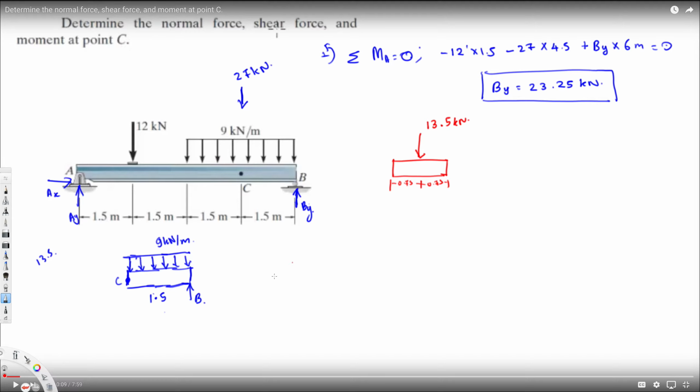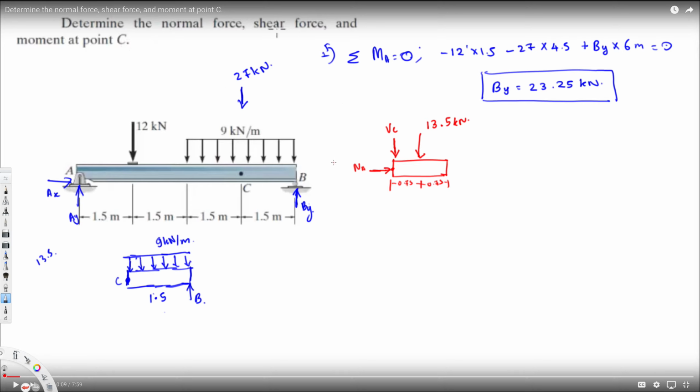These are the distances, and we have C. The question is asking to find the normal force, shear force, and the moment at point C. Let's say normal force is NA acting on this side, and I can take shear force in whatever direction I want. You can assume the direction, and if you get negative, it means your assumption is wrong and the direction is opposite. That's all we have to know: normal force, shear force, and the moment around C.